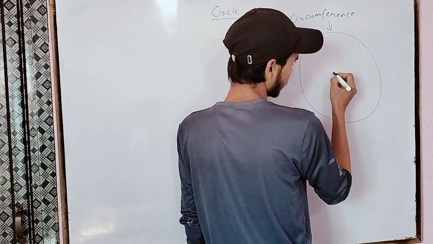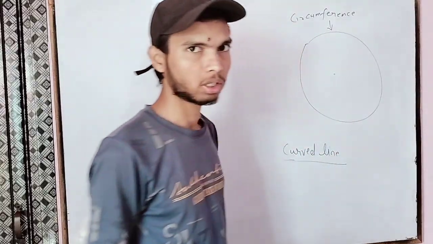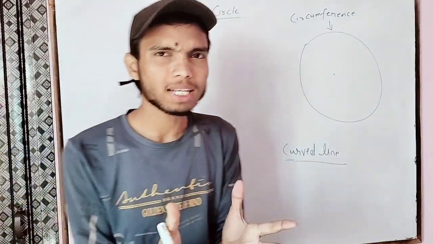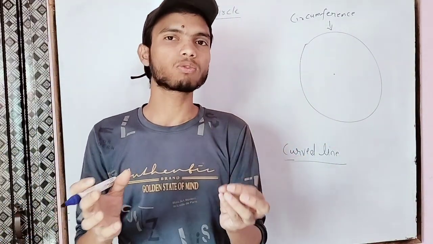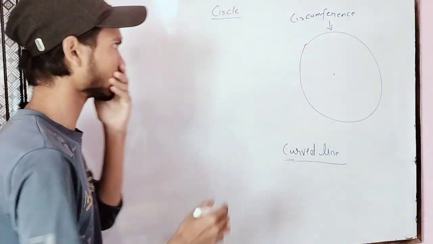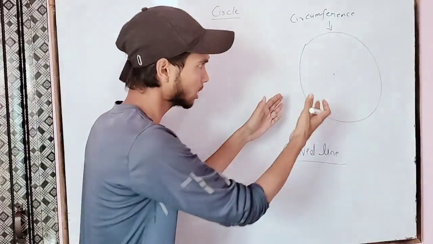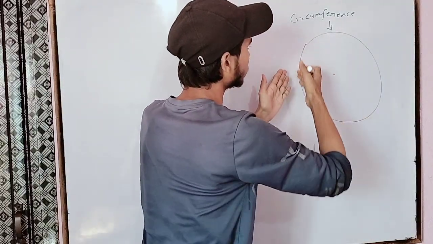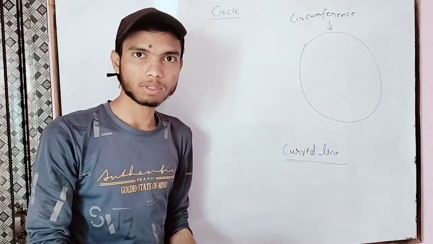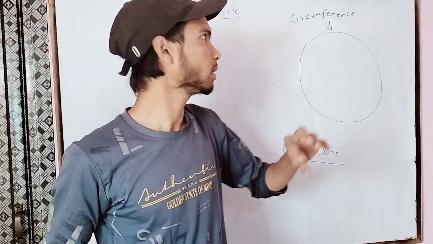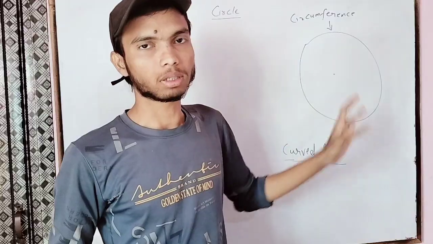Now, next is a point. This circle is made up of a lot of points. There are a lot of points on the circumference, which are used to make a circle.